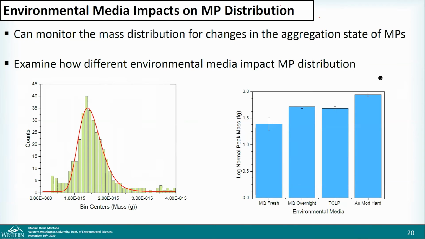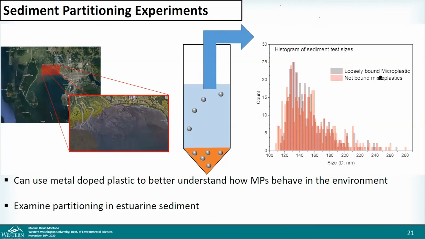We can also further use this to better understand how microplastics partition into estuarine sediment. So an ongoing project we're working on right now is collecting sediment from Bellingham Bay. We are equilibrating our metal-doped microplastics with the sediment, letting it equilibrate overnight. And then what we're looking at is the amount of microplastics that are not bound to the sediment, those that come off easily after a brief sonication, so our loosely bound microplastics.